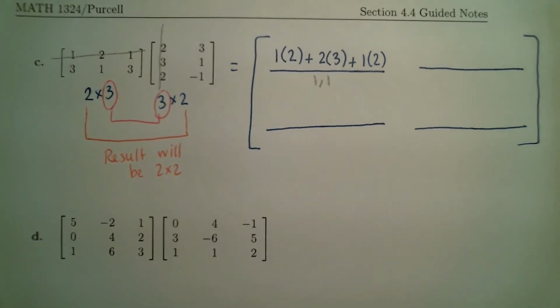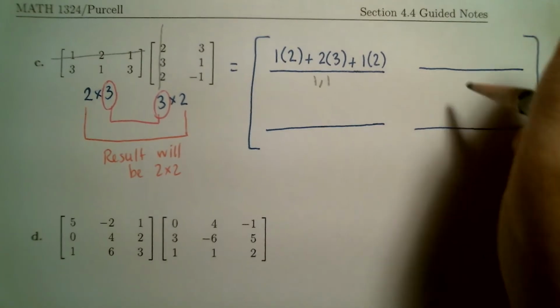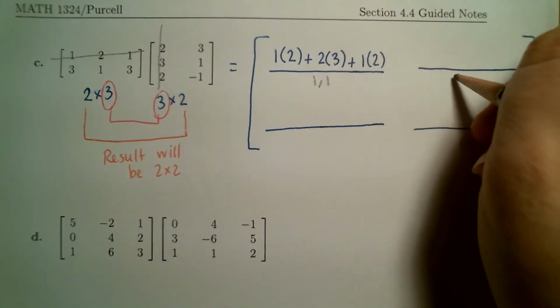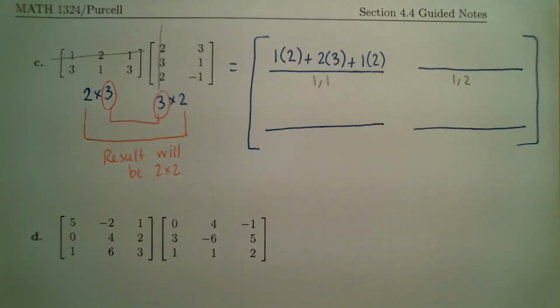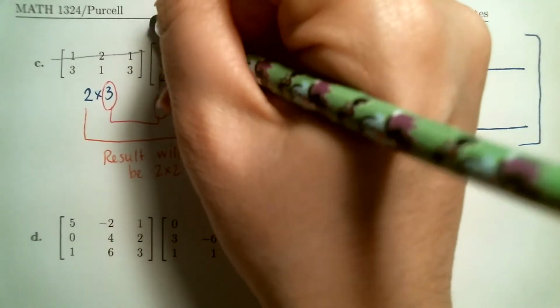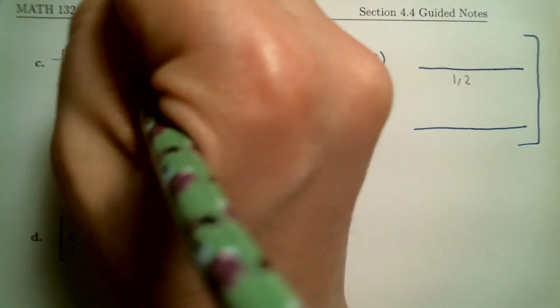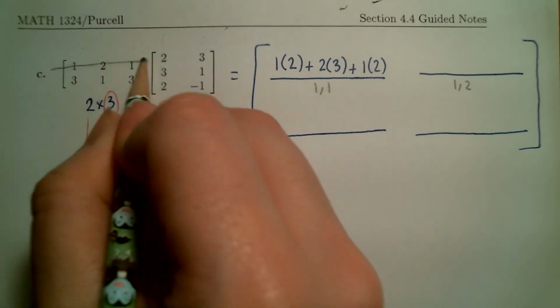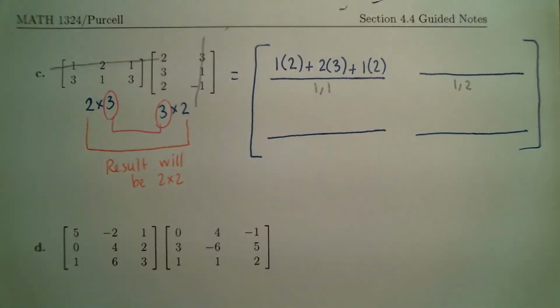So now let's go to this position. You can do these in any order you want, okay? This is the first row, second column. So now when I do the dot product, I am doing the first row, second column.